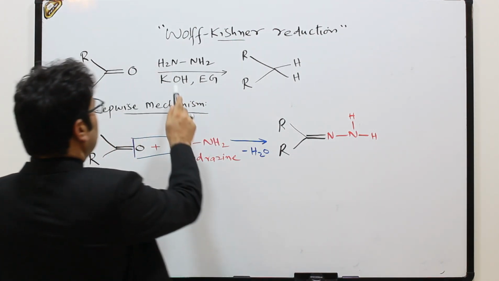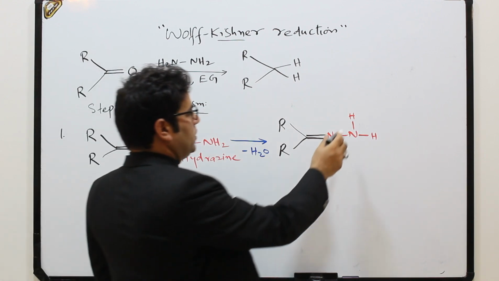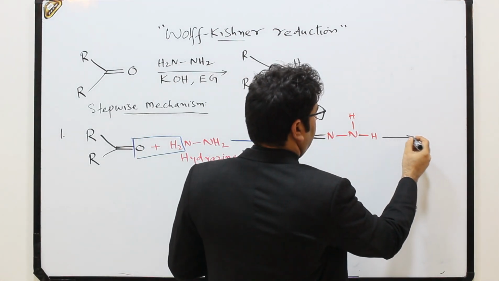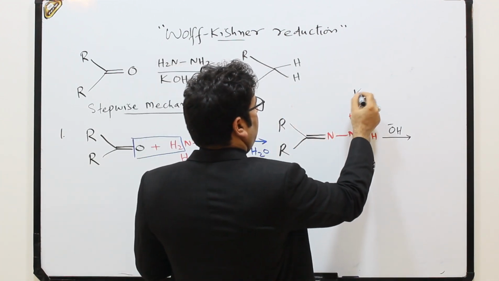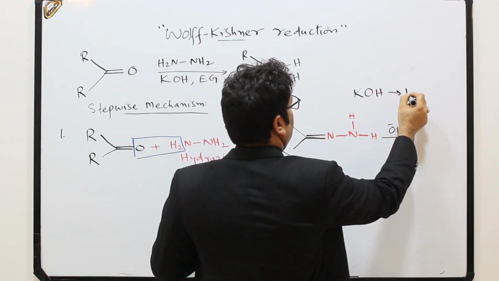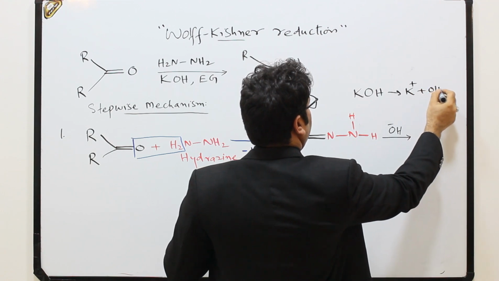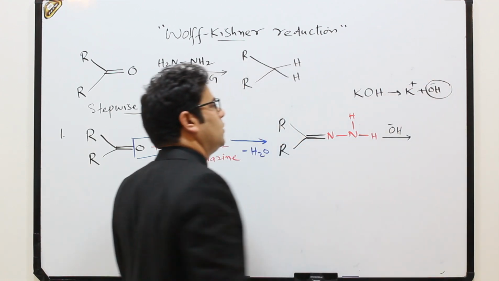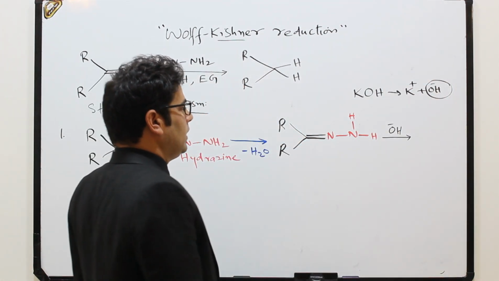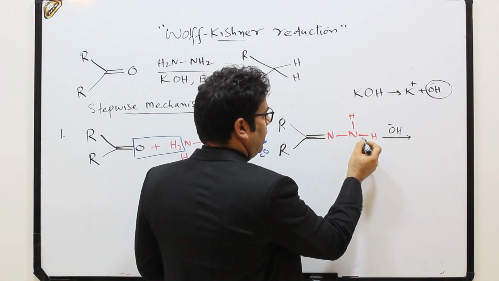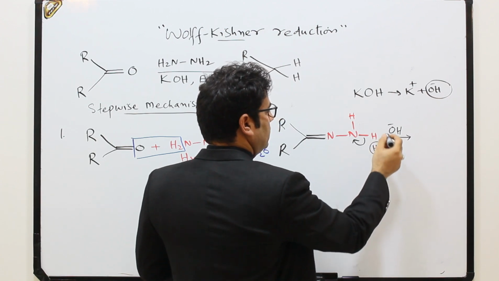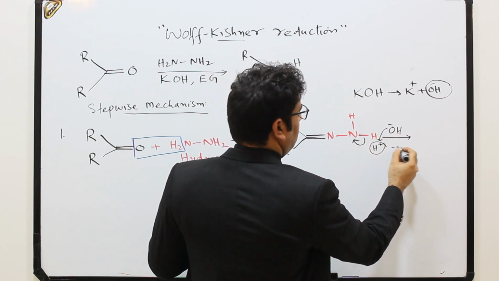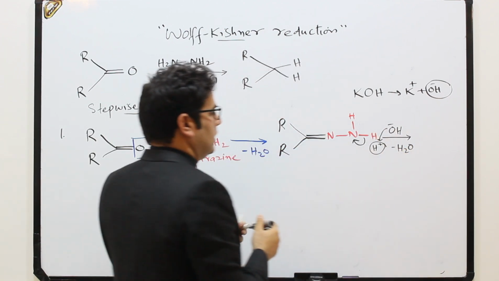After this, the base will come to attack this hydrogen, OH minus from KOH, which gives K positive plus OH minus. This base is strong. It will try to attack this hydrogen. So when it attacks the hydrogen, this H positive will come out, and there is release of water.